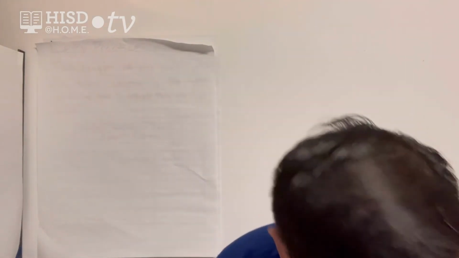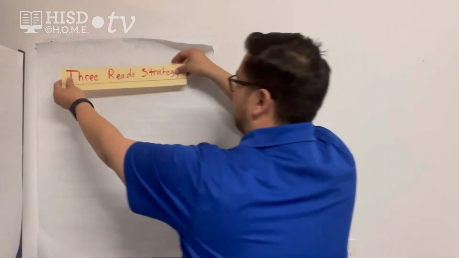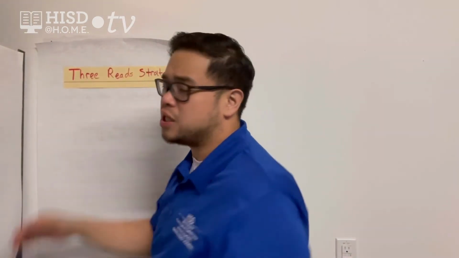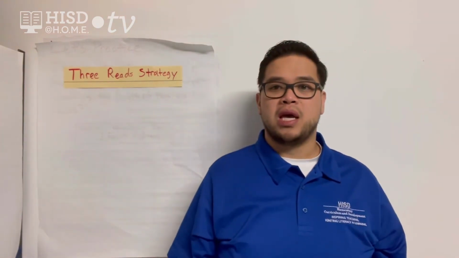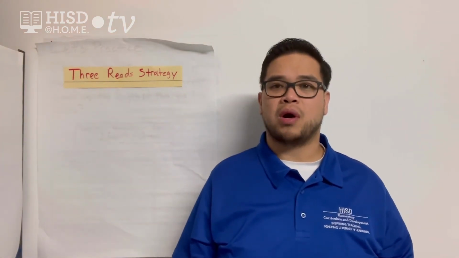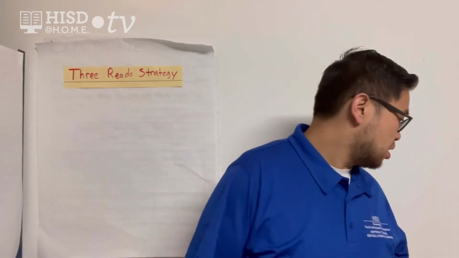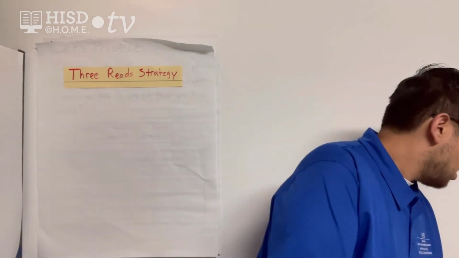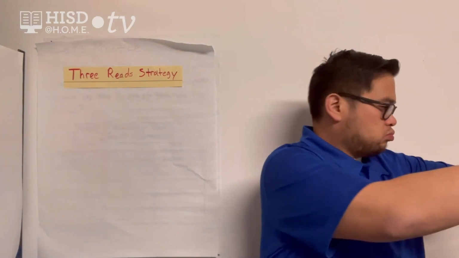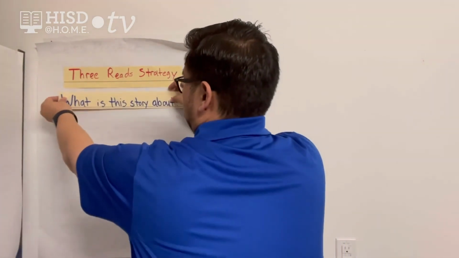We also refreshed our minds with the three-read strategy. This strategy will really help you break down the problem and understand it to where you can solve word problems just simply by breaking it down into different parts. What is the story about?